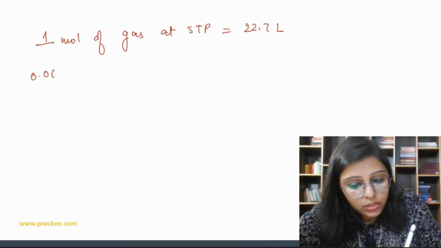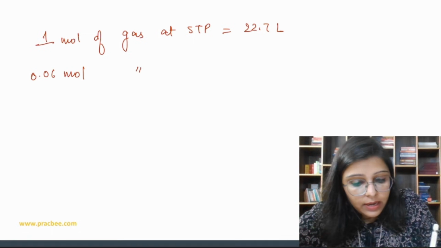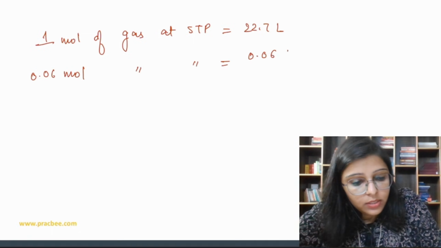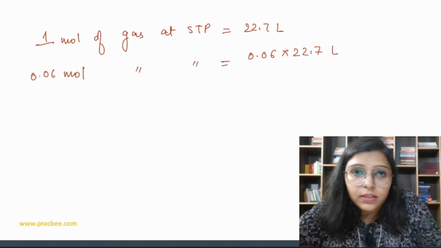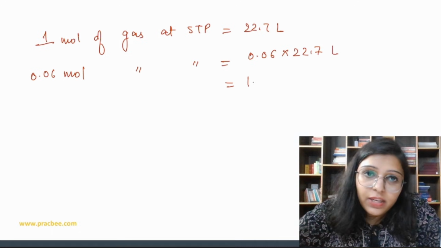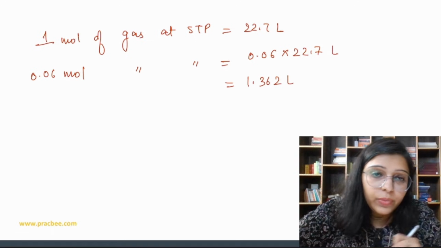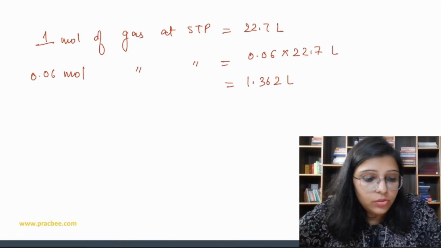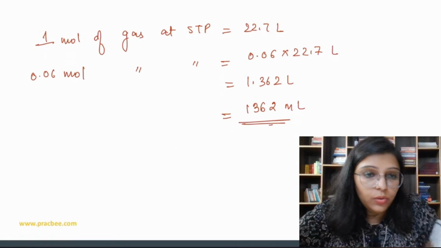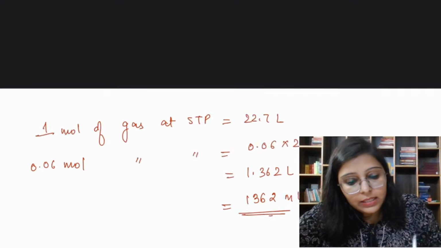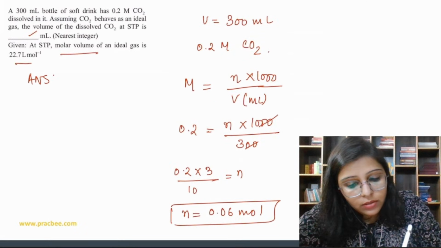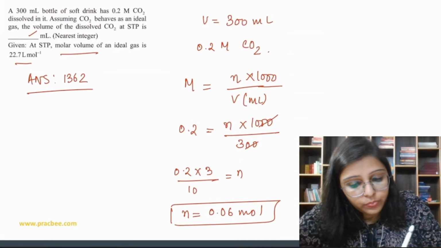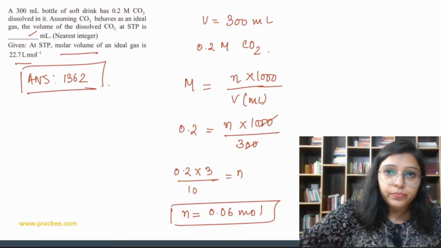So 0.06 mole of gas at STP is equal to 0.06 into 22.7 liter. On solving this, we get 1.362 liter. But we have to report the answer in terms of ml, so this is going to be 1362 ml. So answer is 1362. Clear?